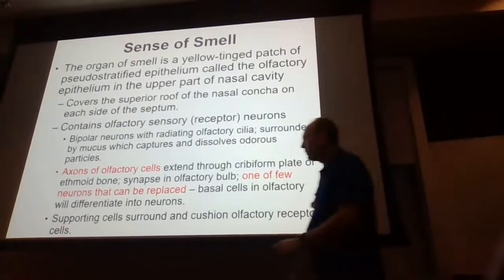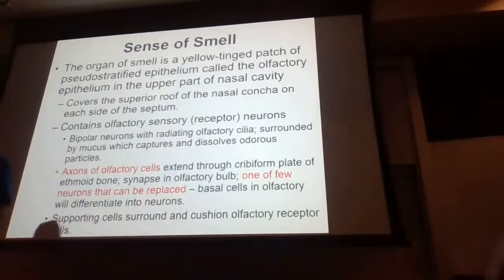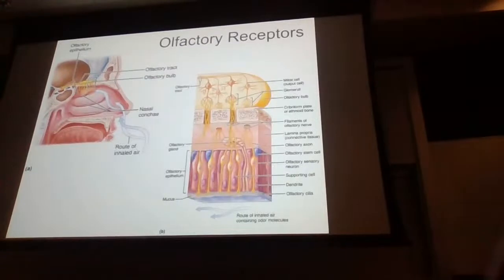If that neuron gets damaged or dies, this basal cell, sitting right next to the neuron, will be stimulated to differentiate from a basal cell into a neuron, which is really cool. Because I know that all through your life in biology so far, everybody's always told you you don't get to generate any new neurons. Well, that's not true. You generate new neurons in your nose if you need to.